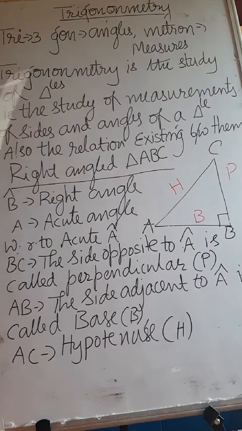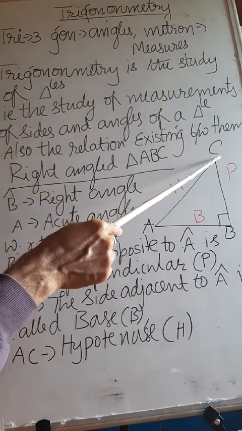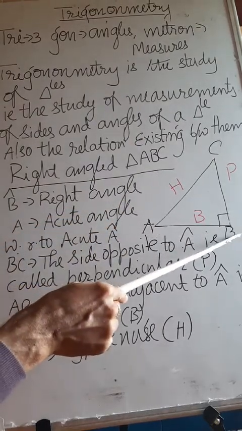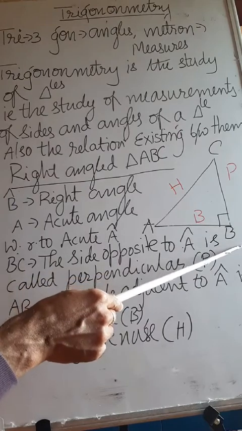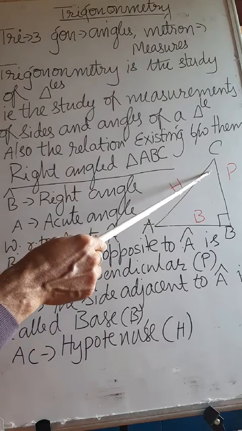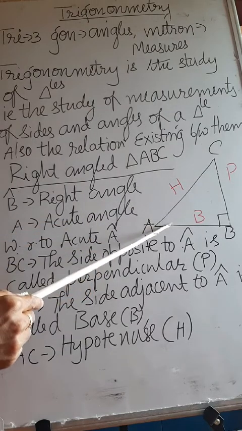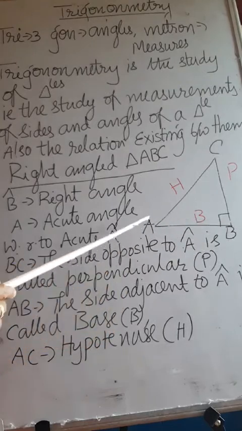There is one more acute angle C which I have not mentioned here, but let us go through it. With respect to acute angle C, AB is the opposite side. Therefore, AB is considered the perpendicular with respect to acute angle C, whereas with respect to acute angle A it was the adjacent side.